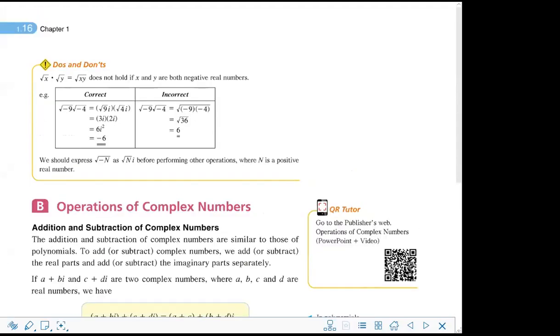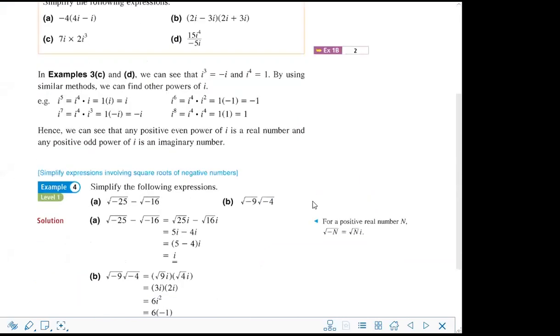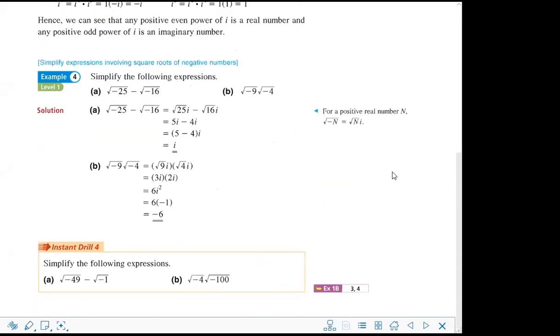My next page, sorry. And then Example 4. Okay. We're still on this page.